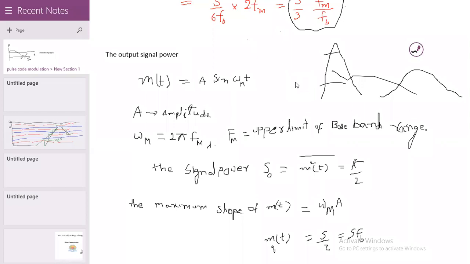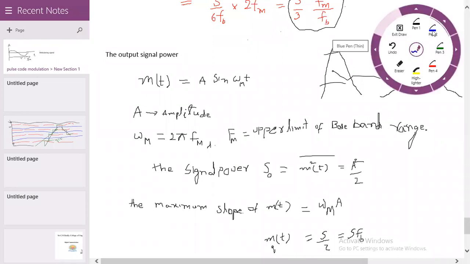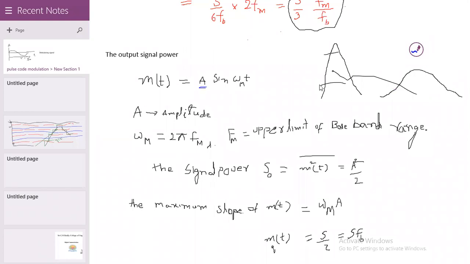Therefore, the signal power S0 is equal to... Actually the signal is A sin omega m t. The amplitude of that signal is A. This is an RMS voltage.